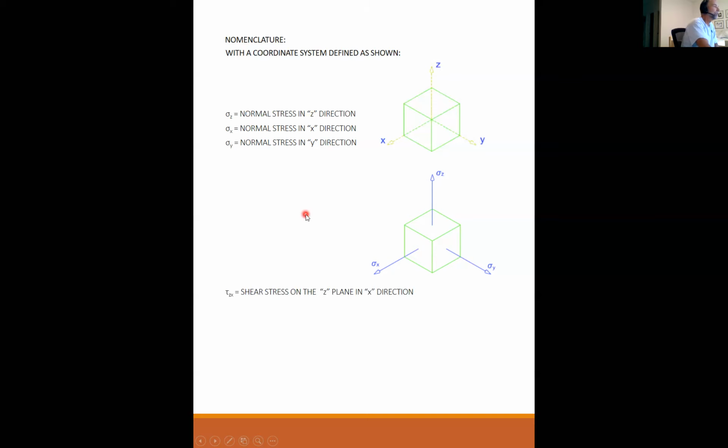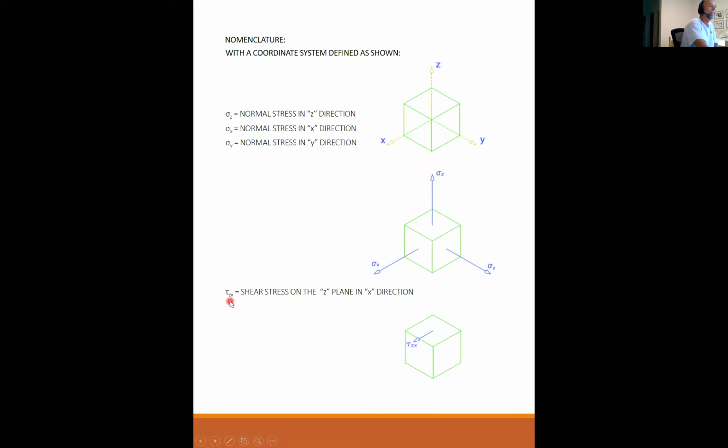Now, if you have a shearing stress, that's a little different. If I have a tau zx, then that represents a shear stress because it's tau on the z plane in the x direction. This surface here is perpendicular to the z direction, or normal to the z direction.